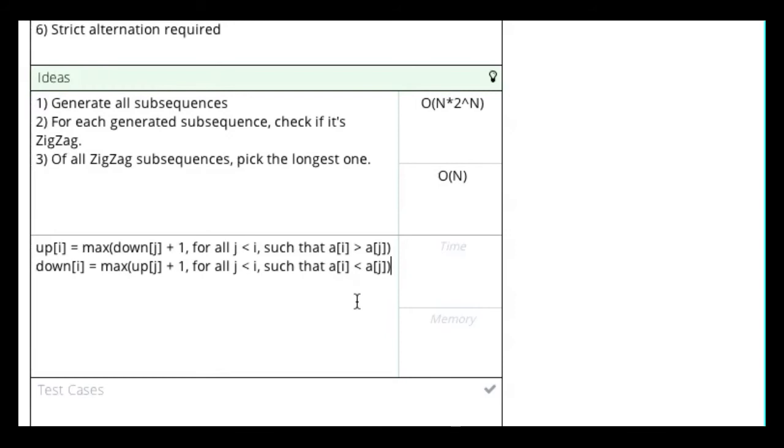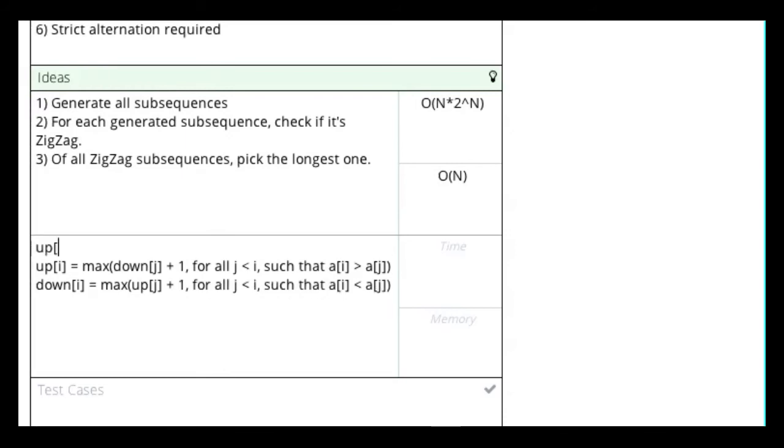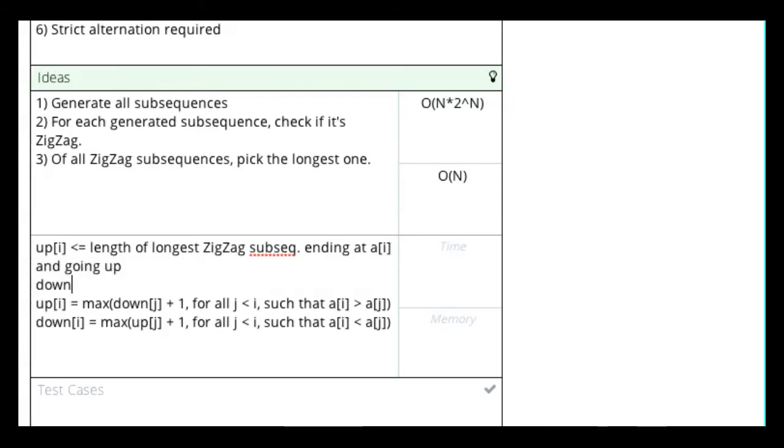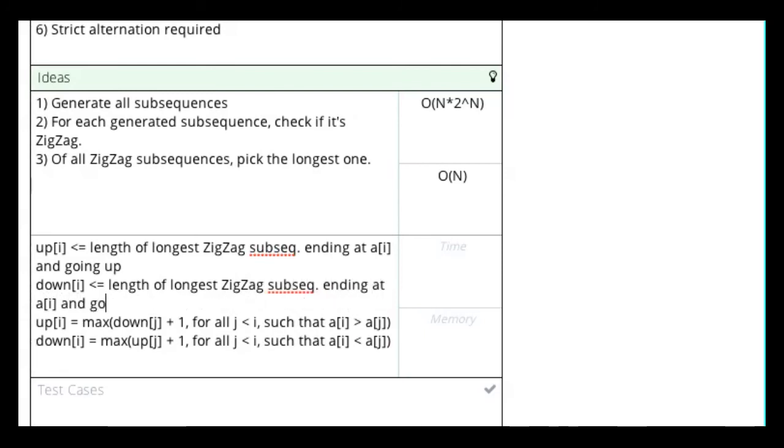Now let's clean this up and write it in the ideas section. We should say something like up i is going to be the length of the longest zigzag subsequence ending at ai and going up, and then down i is the length of the longest zigzag subsequence ending at ai and going down.